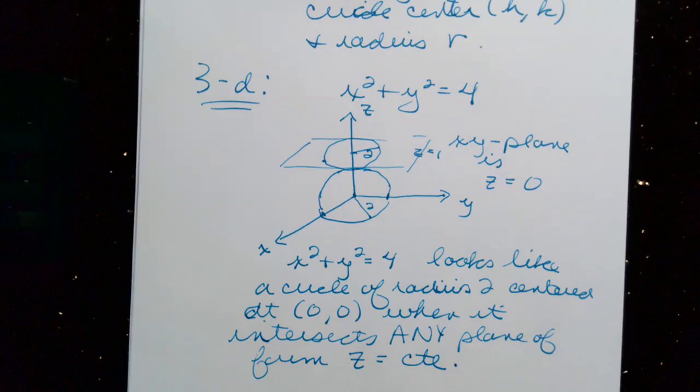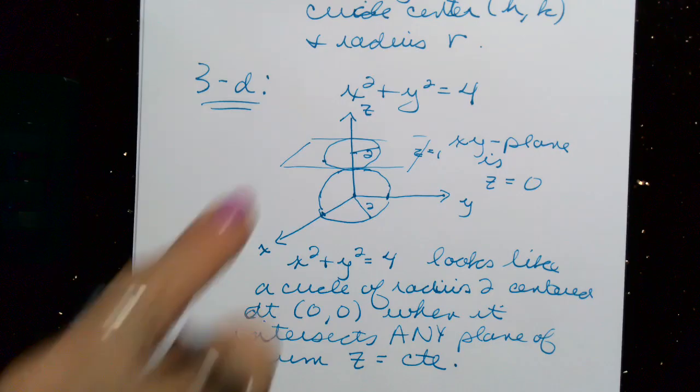So at every stage of the game, no matter which plane horizontal to the xy plane, any plane parallel to the xy plane you stack up, you still see a trace of a circle when you look at that equation.